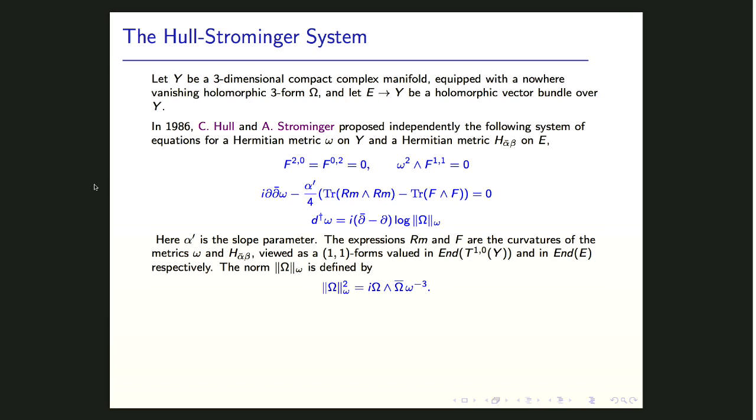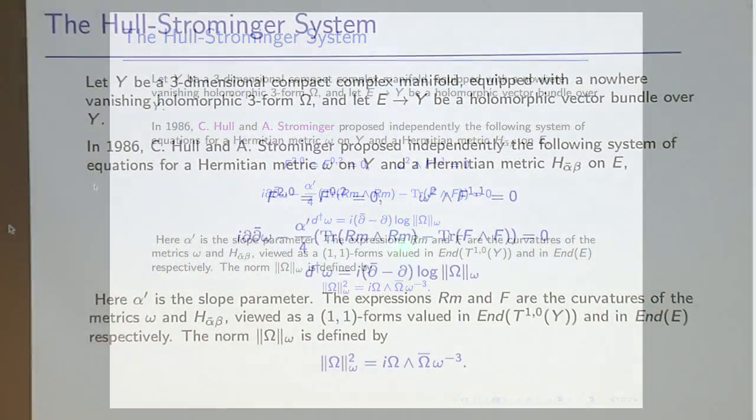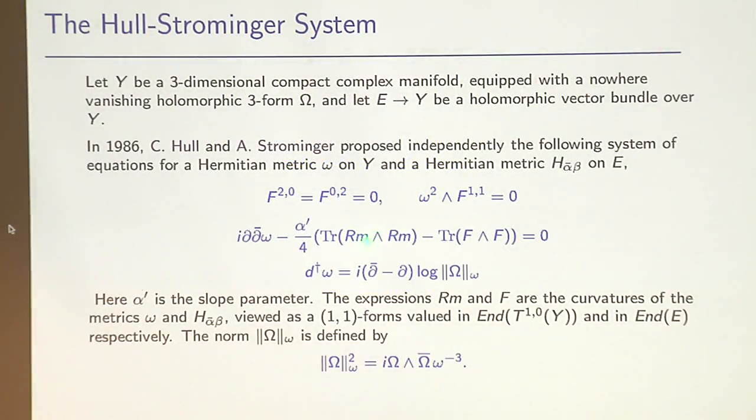So let's sort out the notation first. First, by these upper indices (2,0), (0,2) and so on, we are indicating the various components of these forms. So for example, (1,1) is a (1,1) form. Now the next thing is that in these expressions here, you see expressions such as Riemann and F wedge F. So what these represent are the curvatures of the metric.